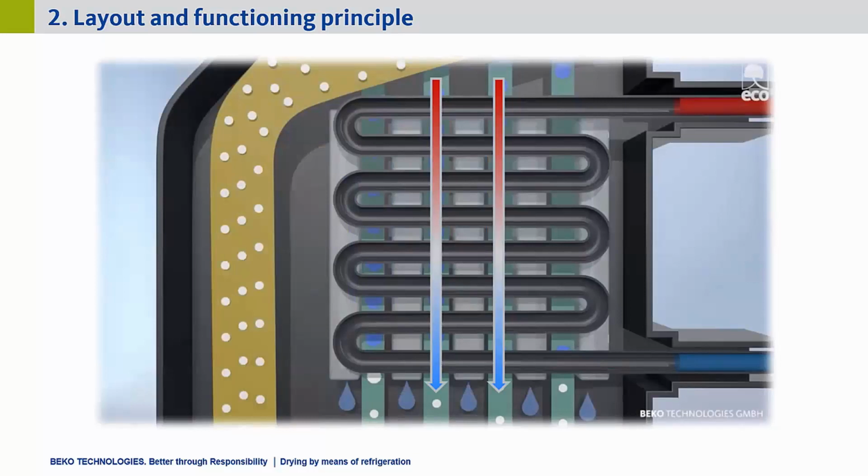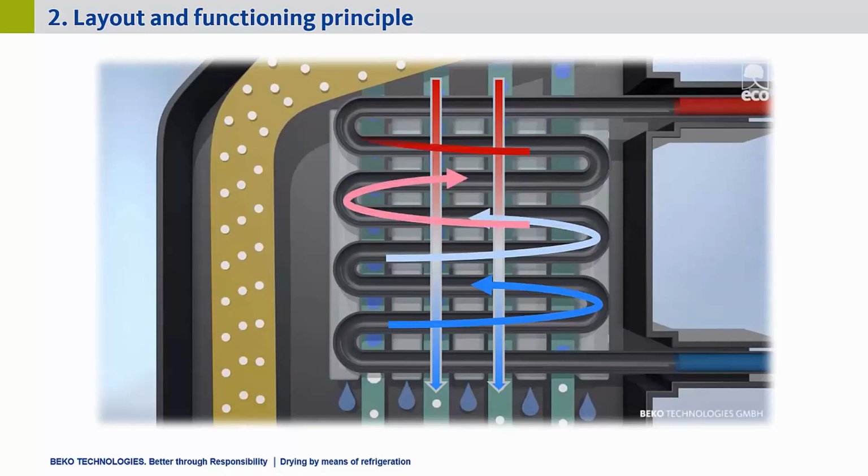And vice versa, the refrigerant absorbs the heat energy of the compressed air and thus heats up. The refrigerant also changes its state from liquid to gaseous, which means it evaporates. And this is also where the name of this component comes from: it is called the evaporator, because the refrigerant evaporates.